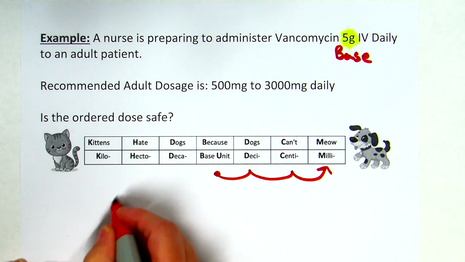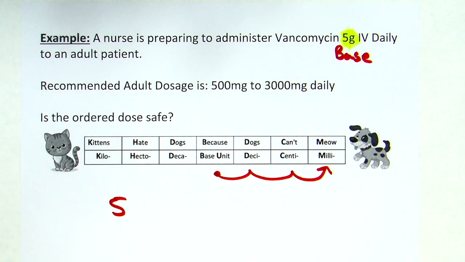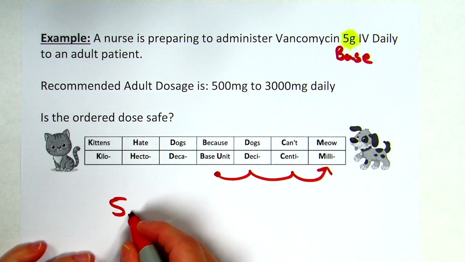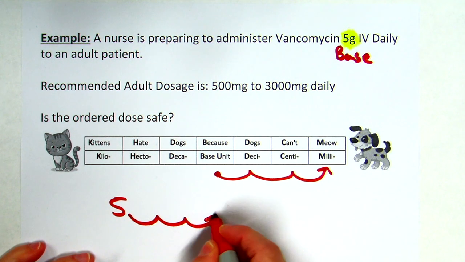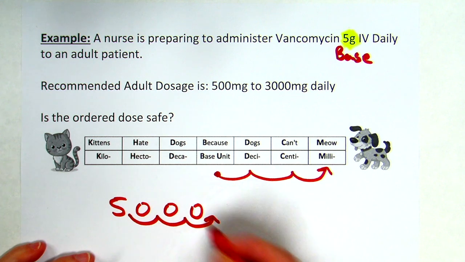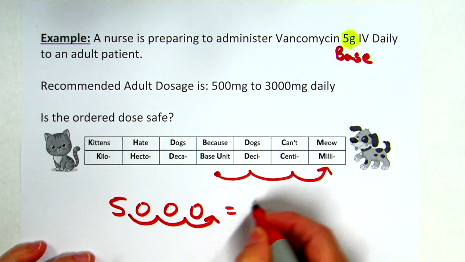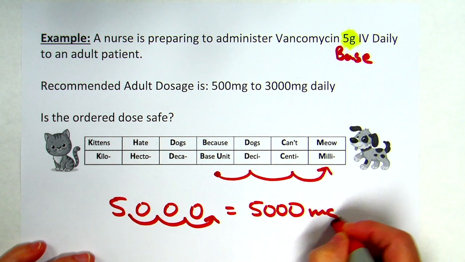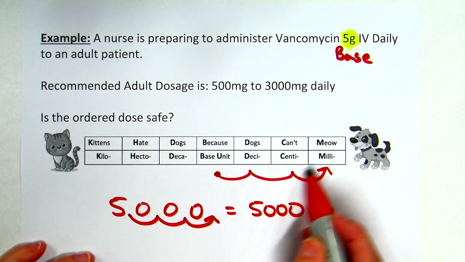So I'm going to take the 5 grams. All right, that decimal point there is at the end. I'm going to go 3 hops to the right. 1, 2, 3. That means I'm going to have to add 3 imaginary zeros. That's going to make that 5,000 milligrams.